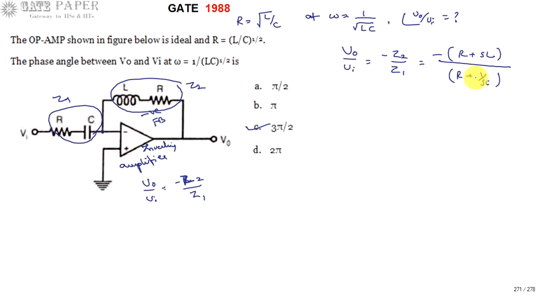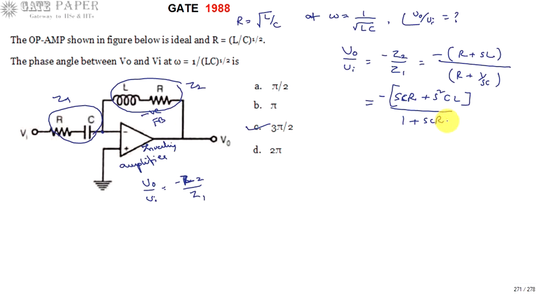Next, if you take 1 by SC common, you can modify this equation as minus of SCR plus S square CL divided by 1 plus SCR.